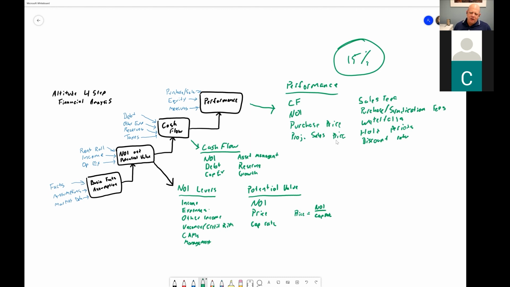You've tweaked the amount of asset management versus property management versus how much debt we're going to take versus all those things to hit that target, this 15% that you are striving for. So that 15% is the goal because you've already identified through your fit that the risk tolerance level for your investors is 15%.